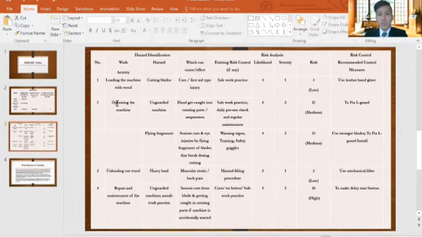In accordance to operating of the machinery, another hazard has been identified here, which is flying fragments, which could cause serious cuts and eye injuries by the flying fragments of the blades that break during the cutting.